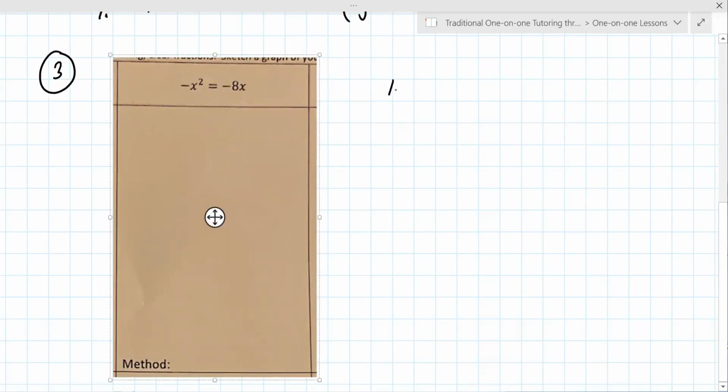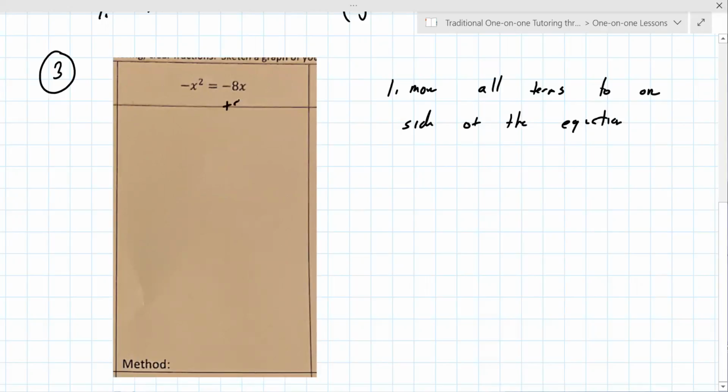So first thing you want to do is move all terms to one side of the equation. I'm going to suggest we add 8x to both sides. So this becomes minus x squared plus 8x equals 0.